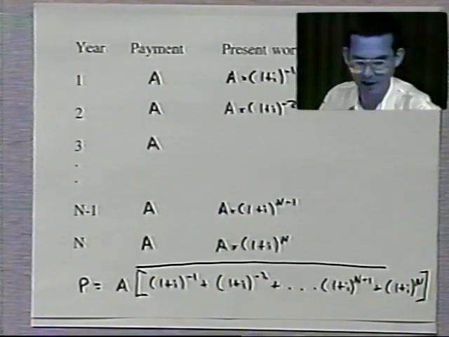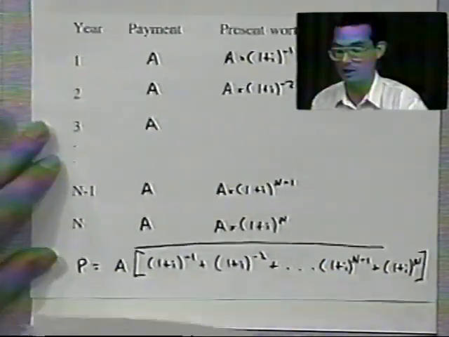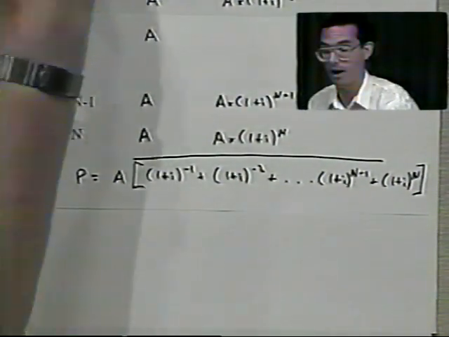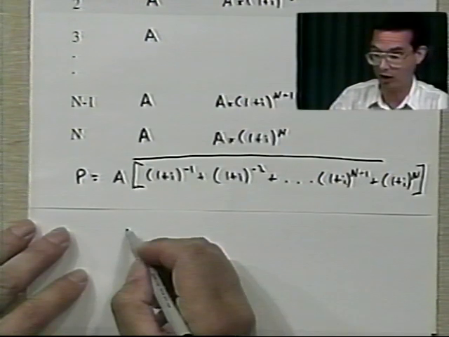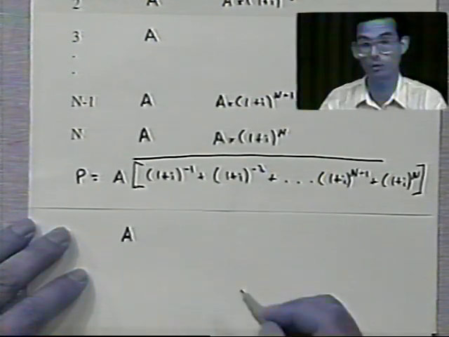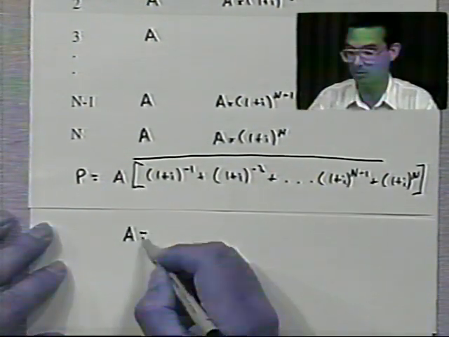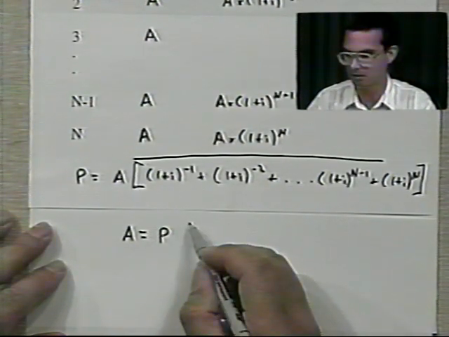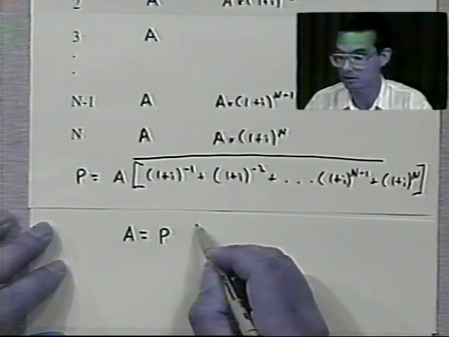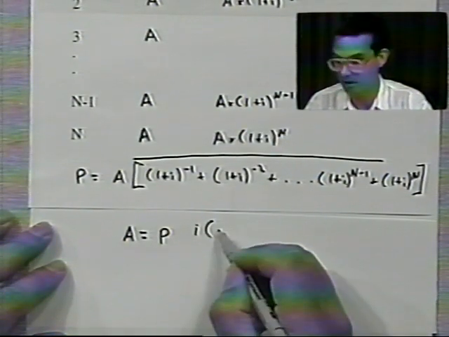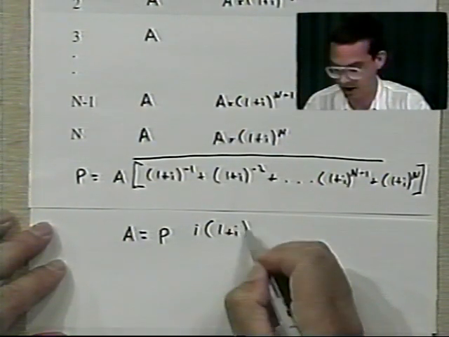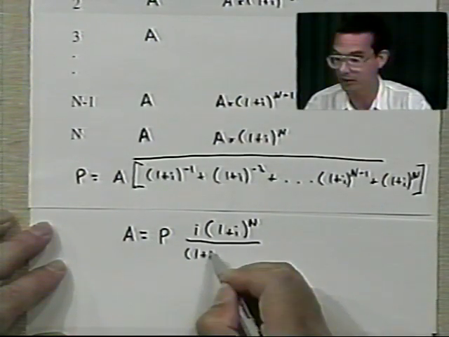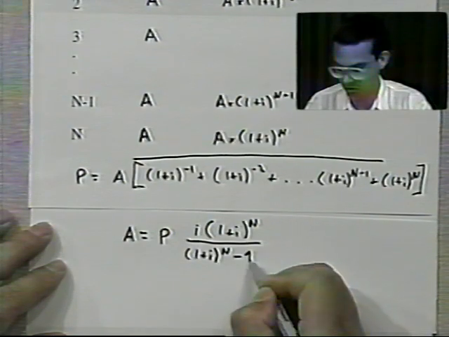Now, you saw in a previous lecture some mathematical manipulations that allow us to simplify this expression. We can do that again, and if you wish, you can try that as an exercise at home. But what we end up with is A equals P times i times (1 plus i) to the n over (1 plus i) to the n minus 1.